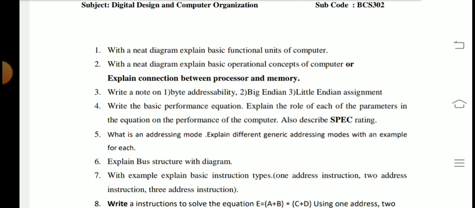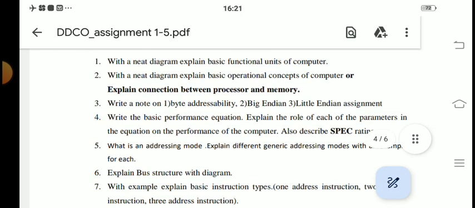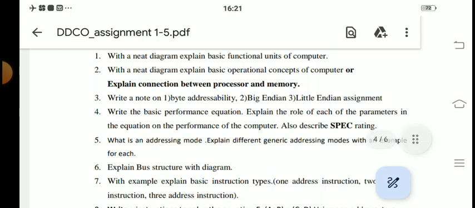Next, from the third module, these are the important questions. Write a neat diagram and explain the basic functional units of computer. Basic functional units meaning the 5 functional units: input, output, memory, ALU, processor.